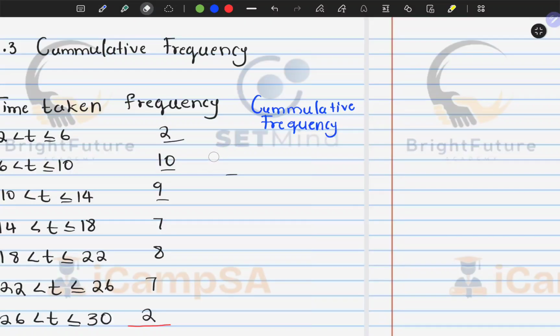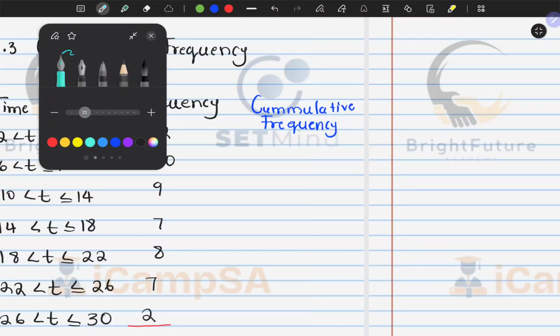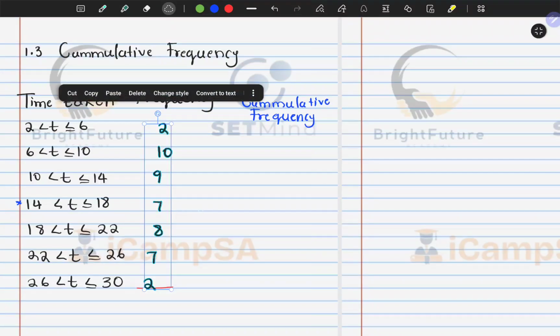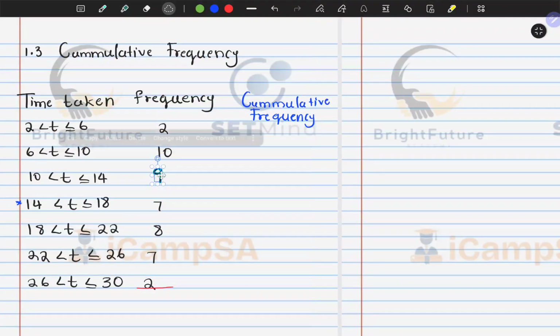Okay, so let's see how it goes. With your cumulative frequency, I've said it a couple of times already, the first part just becomes 2. Then for the second part, you take the 2 and add it to the 10, and that becomes 12.